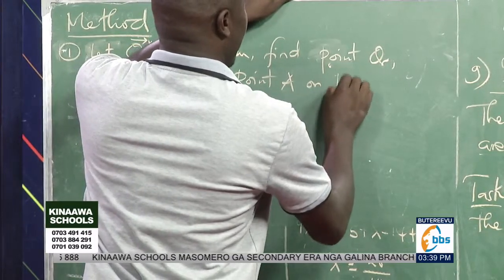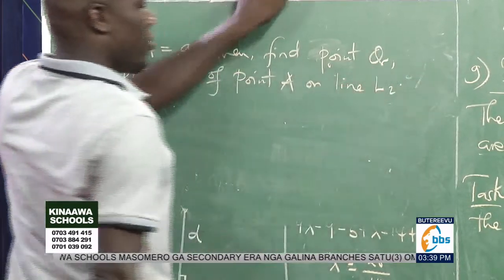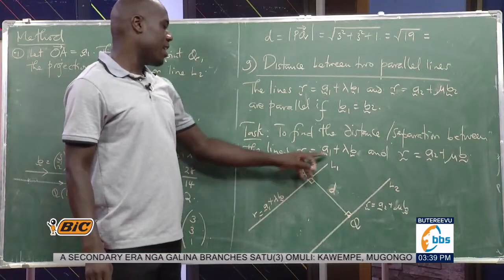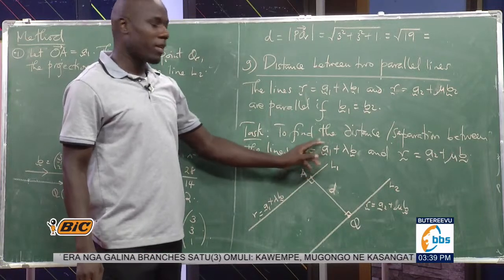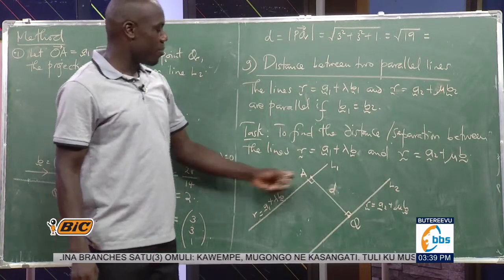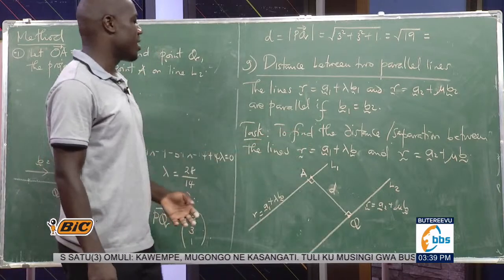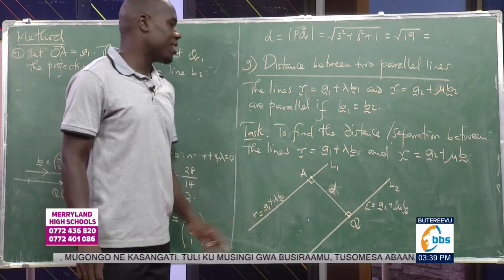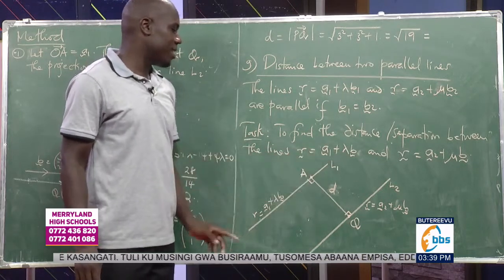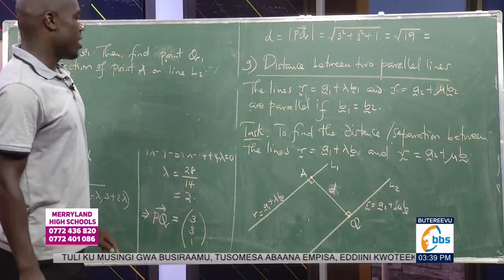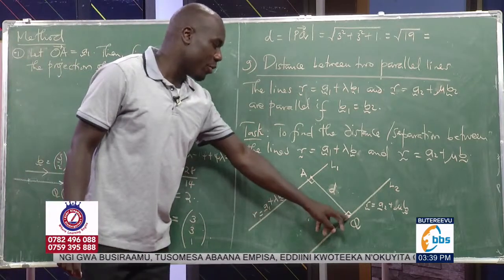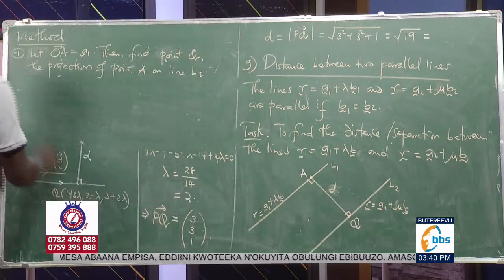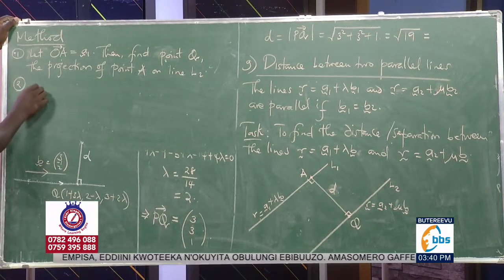on line L2. So we come to the first line and pick a point on it. We could pick this one whose position vector is already given, that is the point A, because it is always given if we are given the equation of the line. That is when lambda is 0. Then the next thing is you find its projection on the second line, the point Q. And then of course every other thing will be easy.